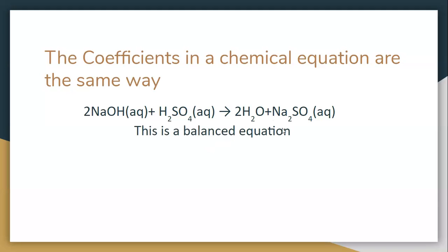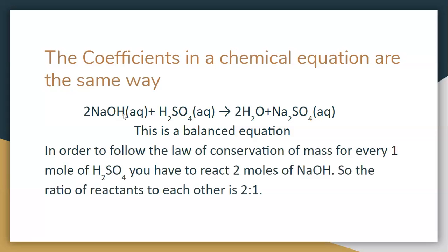Okay, this is a balanced equation. So the relationship between sodium hydroxide and sulfuric acid is for every 2 sodium hydroxides, I need 1 mole of sulfuric acid to react with it, right, as a 2 to 1 relationship, or 2 to 1 ratio.